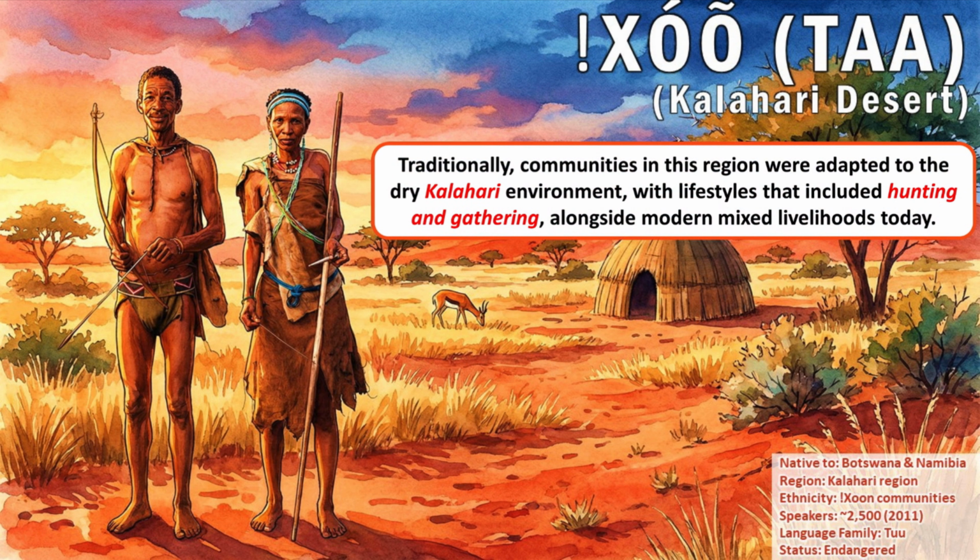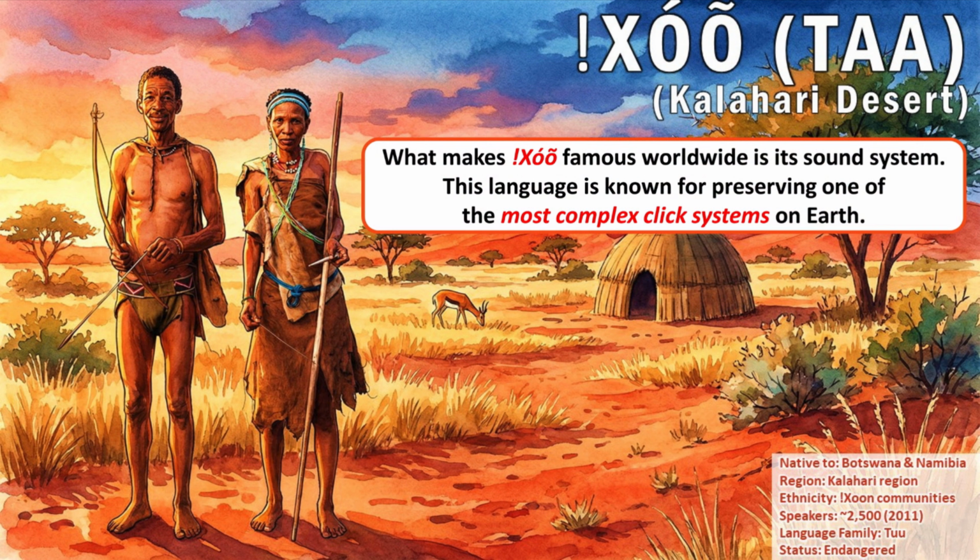Traditionally, communities in this region were adapted to the dry Kalahari environment, with lifestyles that included hunting and gathering, alongside modern mixed livelihoods today. What makes it famous worldwide is its sound system. This language is known for preserving one of the most complex click systems on Earth.